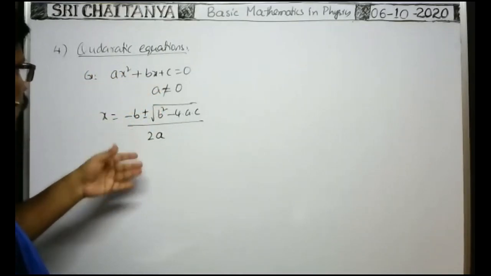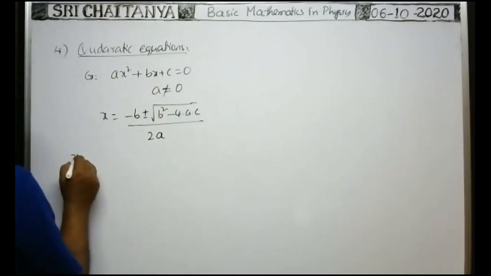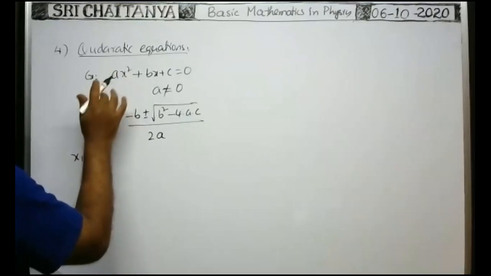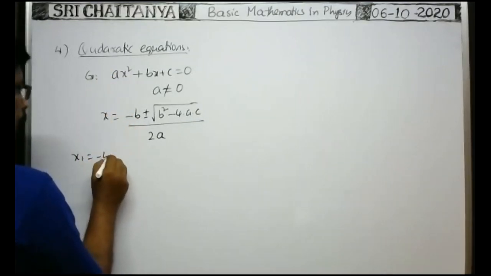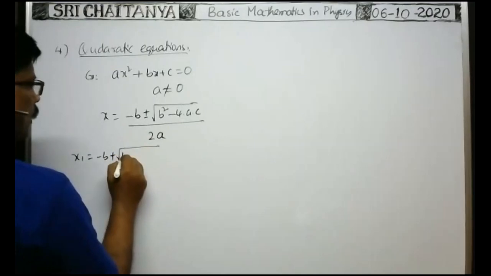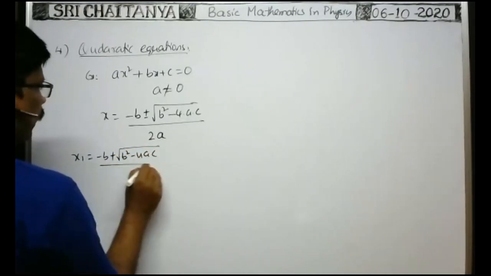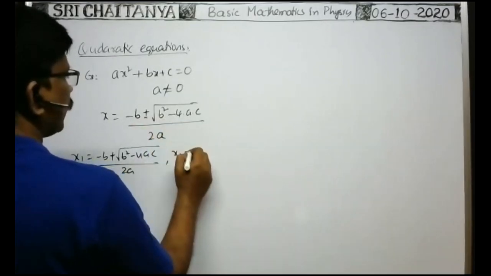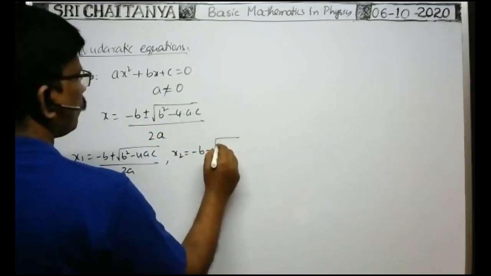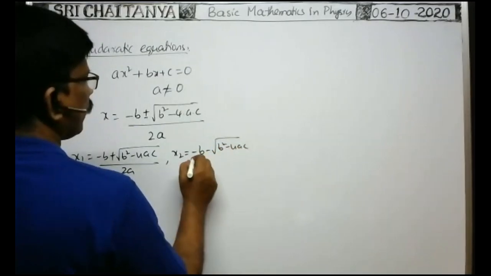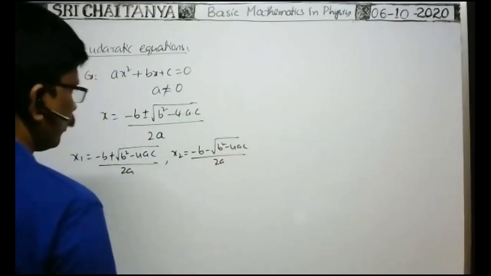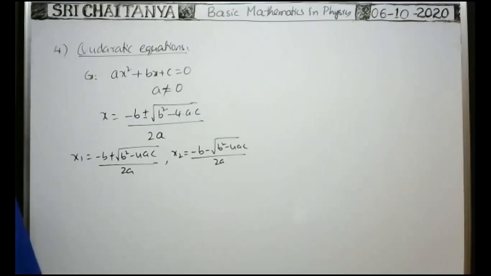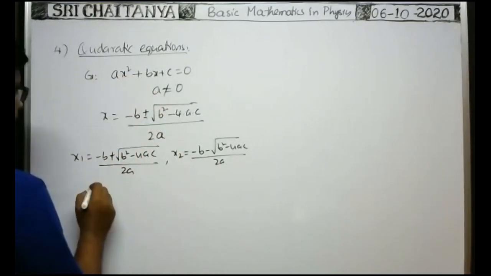The first value x1 is minus b plus square root of b square minus 4ac by 2a, and the second value x2 is minus b minus square root of b square minus 4ac by 2a.